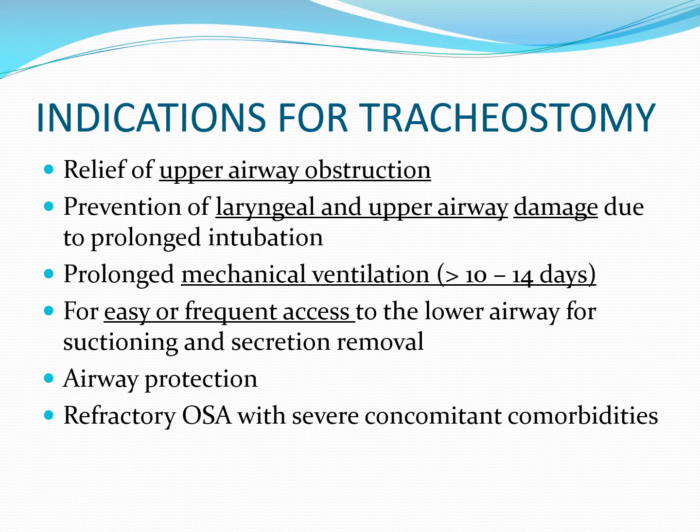In addition, tracheostomy tubes are put in place for easy or frequent access to lower airways in order to remove secretions via suctioning or coughlation. They're also put in place for airway protection. So perhaps for patients who have had vocal cord paralysis, or they're in a persistent vegetative state and they have a Glasgow Coma scale that's extraordinarily low, generally less than around 8.